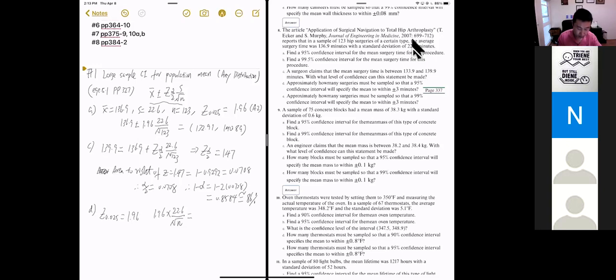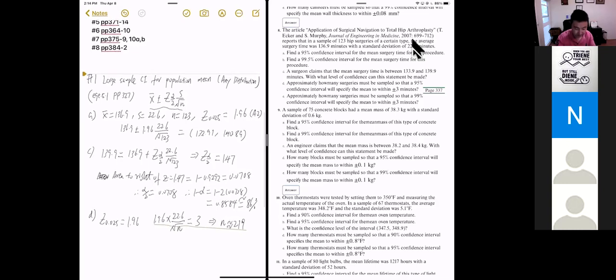That is equal to 3 because the question tells us within plus or minus 3 minutes. So z half alpha times S over square root of n equals 3 minutes. So we figure out n is around 219. So that's the first question.